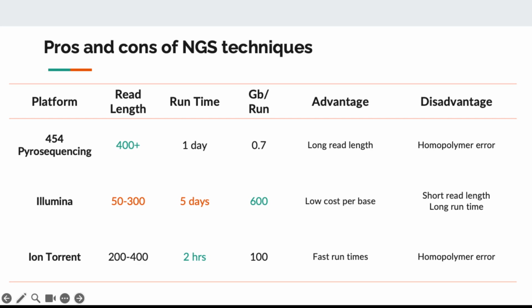The trade-off is Illumina takes longer to run, but you get more reads at the end, and more accurate reads. But if you prefer shorter runtime, Ion Torrent, which monitors the pH, is the fastest. If you want to get an answer within a day or within the morning, then you can use this technology.